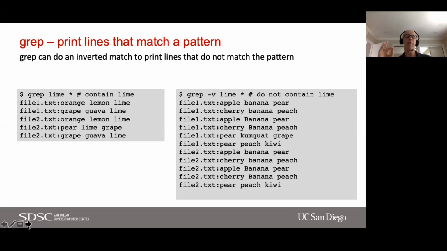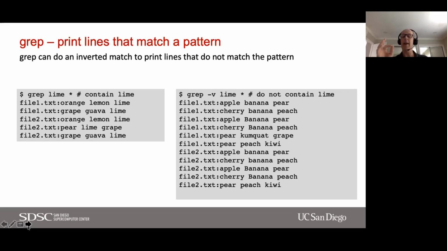And if I do a grep lime *, so basically search for lime in all of those text files, I'm going to get the matches for each file. So I see file1 has 2 lines, orange, lemon, lime, grape, guava, lime. File2 has 3 lines, orange, lemon, lime, pear, lime, grape, grape, guava, lime.